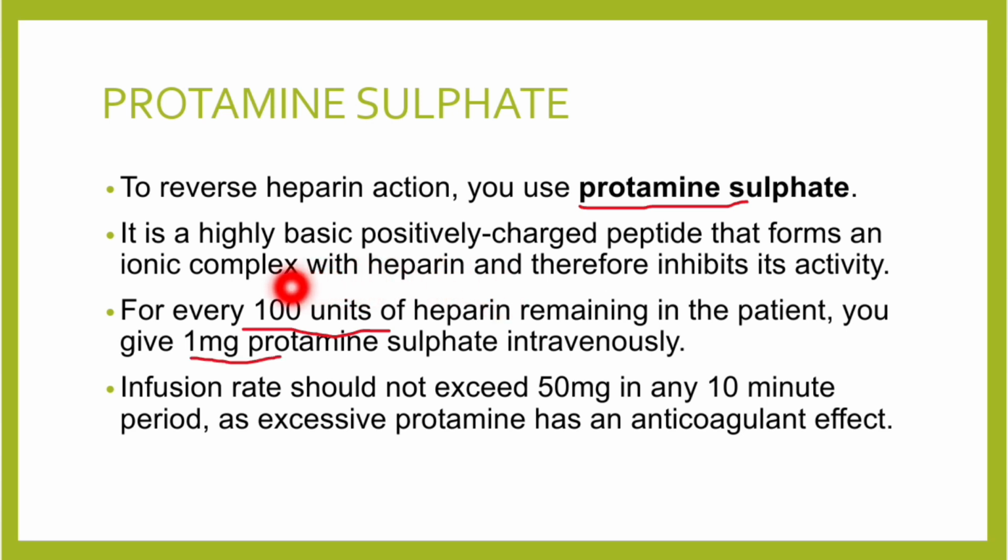So for every 100 units of heparin, 1 milligram of protamine sulfate. The infusion rate of protamine sulfate should not exceed 50 milligrams in any 10-minute period, because this will cause an anticoagulant effect if we give excessive protamine.